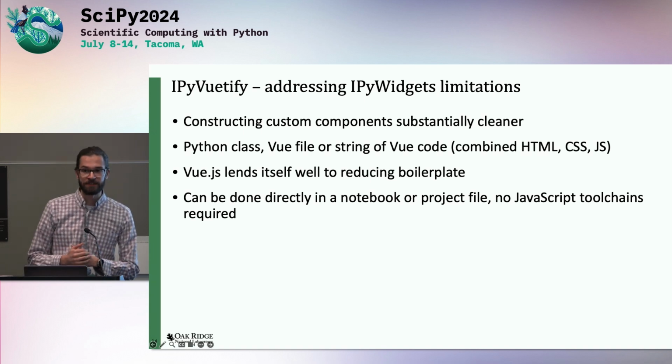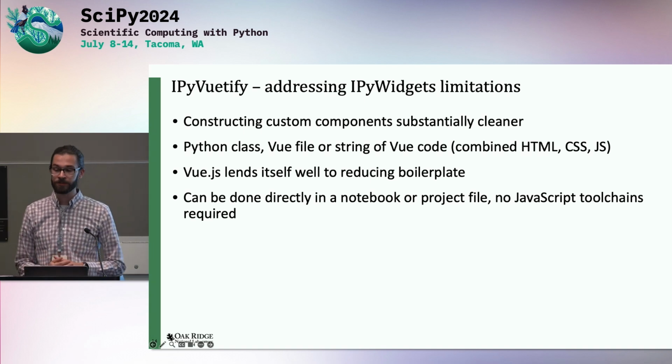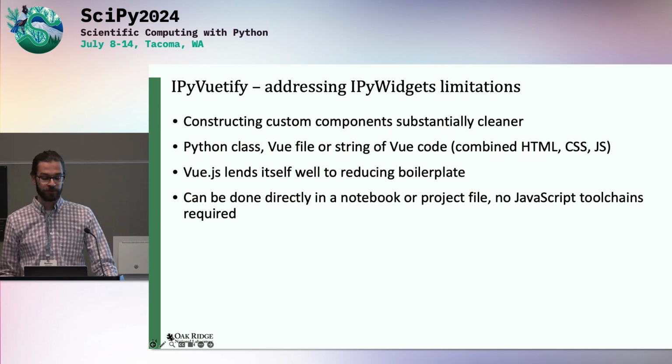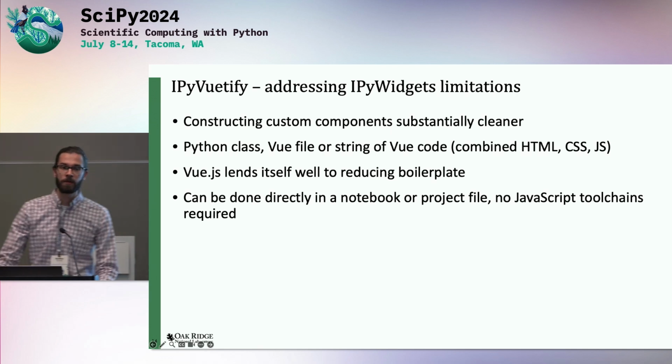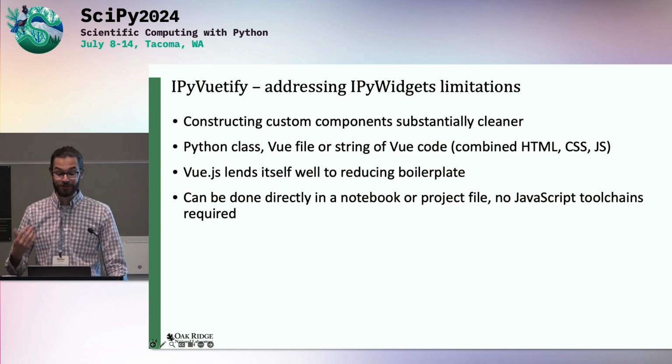And Vue.js specifically lends itself well to reducing some of the boilerplate that can often be associated with this. It has things like watcher functions, which make it very easy to automatically listen for changes to specific variables in your Python class. And again, one of the main draws, one of the main appeals for this is that you don't need any of the JavaScript tool chains for this. This is something that you can test, you can prototype directly inside of your notebook or in another file in your project.